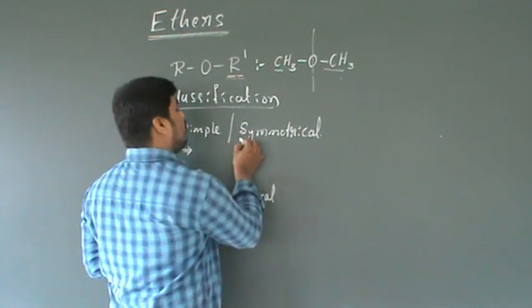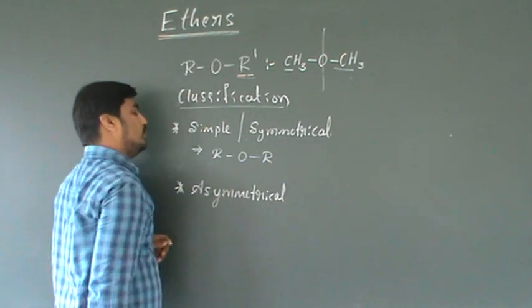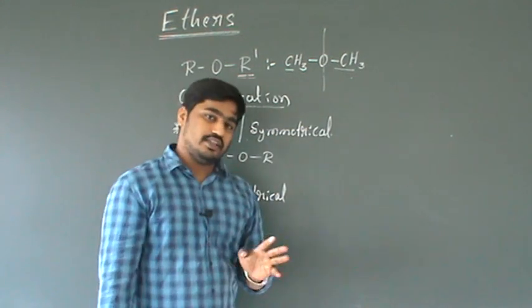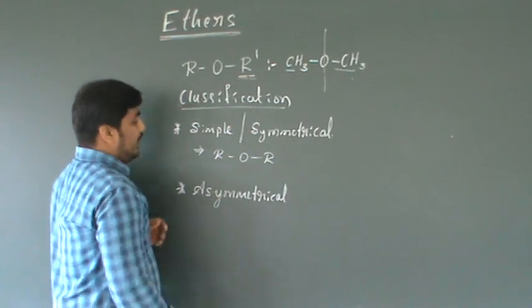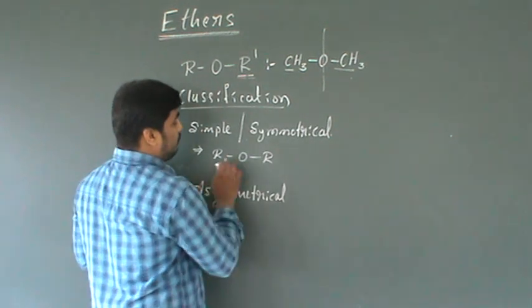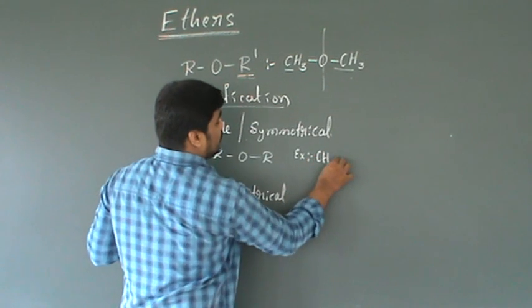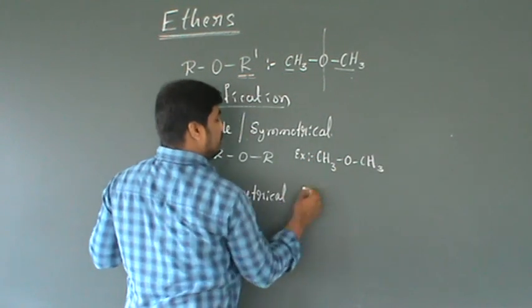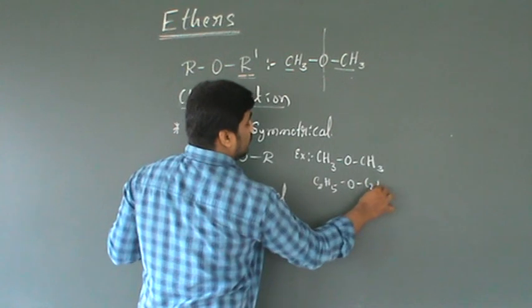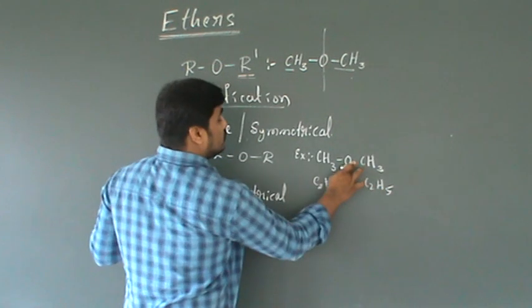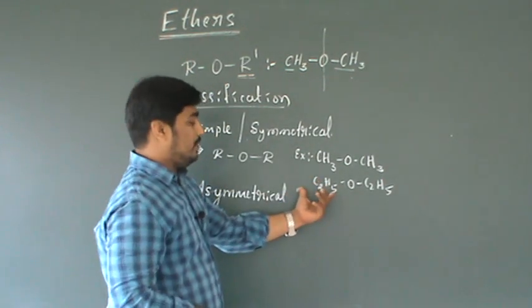The general formula of the symmetrical ether is ROR, because R dash is similar to R. Examples for this type of ether are CH3OCH3 and C2H5OC2H5.